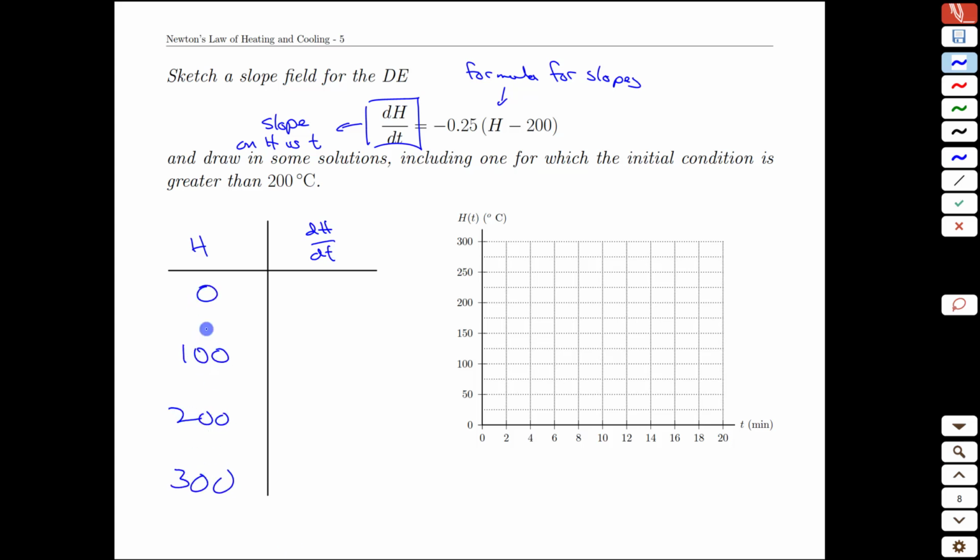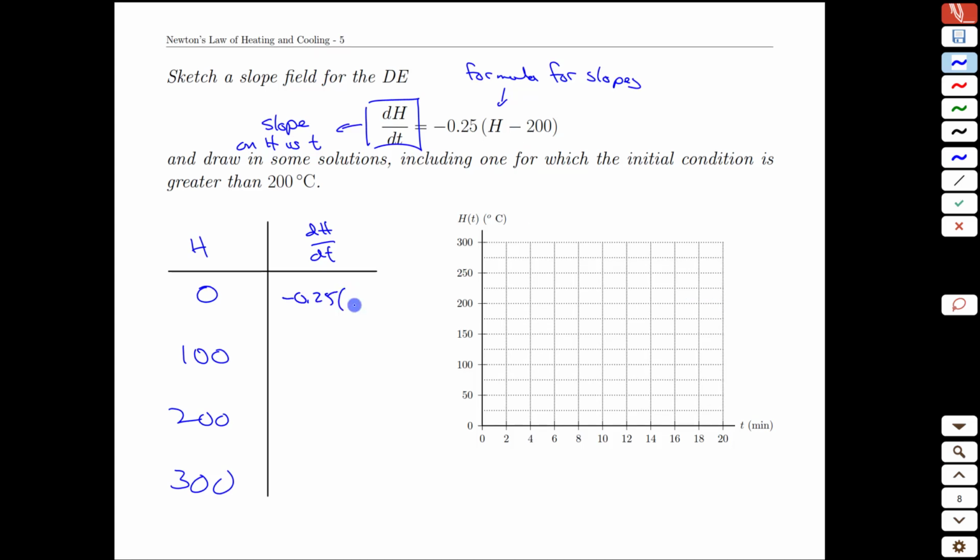We'll set some evenly spaced numbers here, which give us slopes of negative 0.25 times minus 200 here, and that would be positive 50. What that indicates is on this graph, we'd have a slope of positive 50, every time we talk about a temperature of 0, and so on.